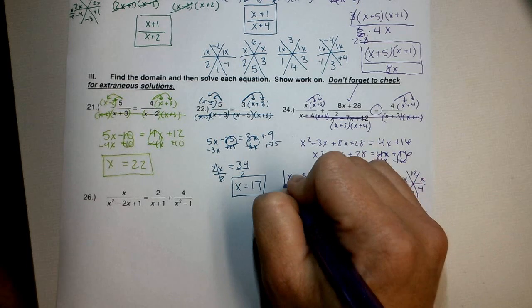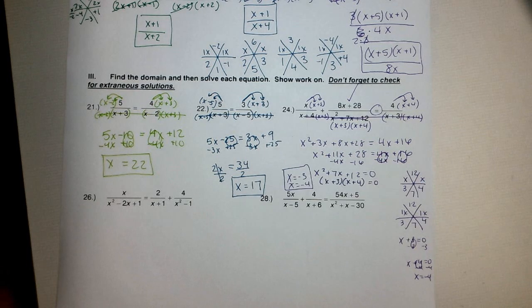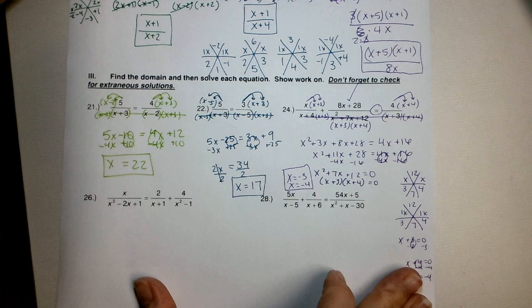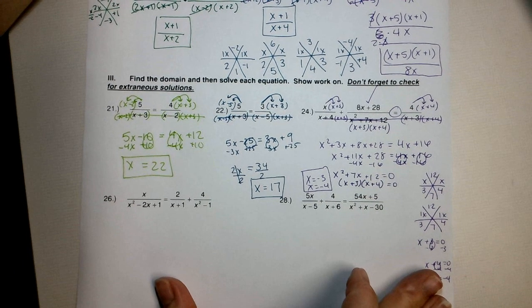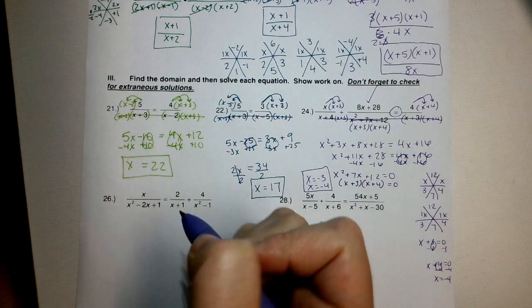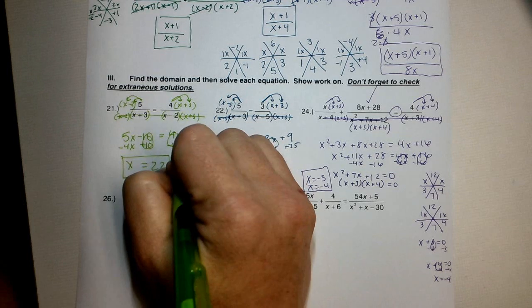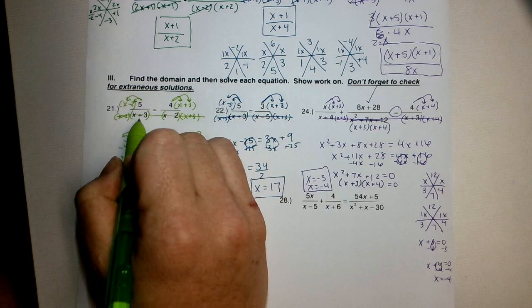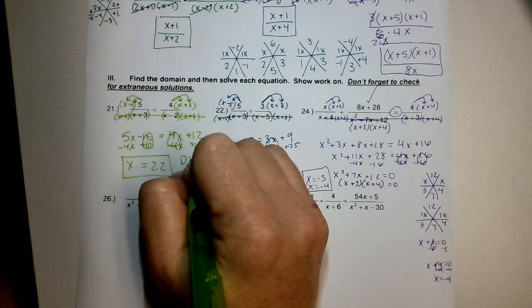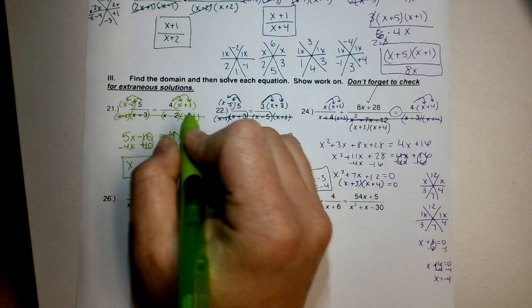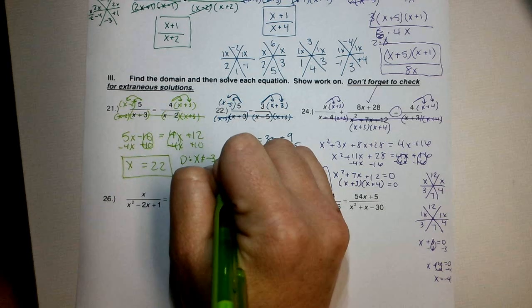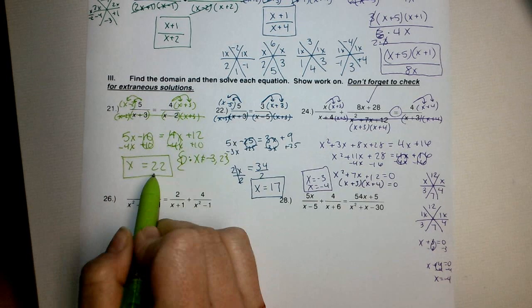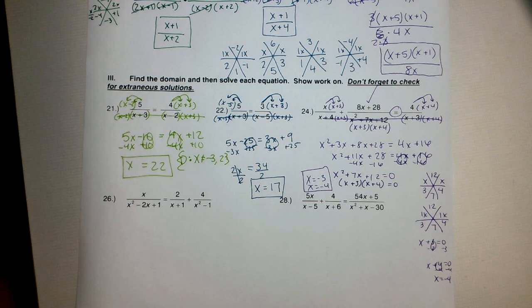Now, one thing I forgot to do on all of these is to find what x cannot be, my domain. So, domain here, if I put a positive 2 in there and a negative 3, that one is fine, that's our solution.